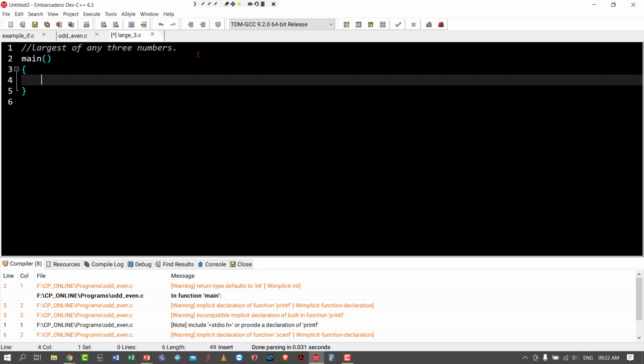Varada, how many inputs will be in this program? 3 inputs. So how many variables are needed? 3 variables. I need a minimum of 3 variables. So I'm declaring it as int a, comma b, comma c.